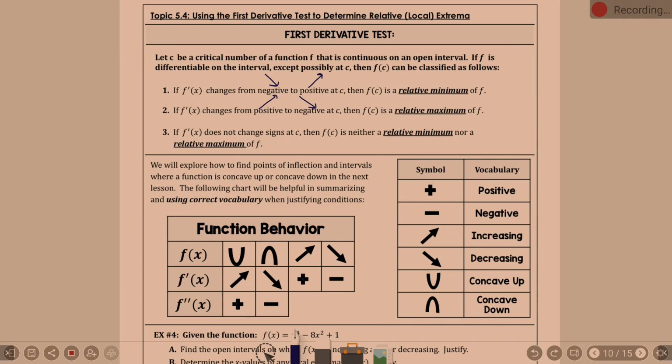It means the first derivative is increasing. If my second derivative is negative, my original graph is concave down, which also means my first derivative is decreasing. So, all good symbols and vocabulary to know.